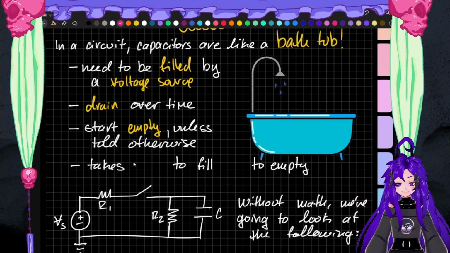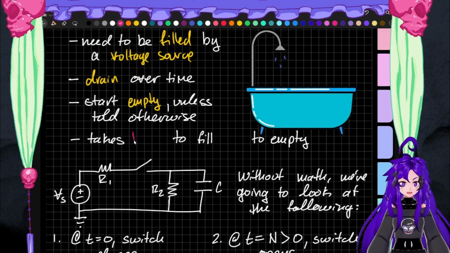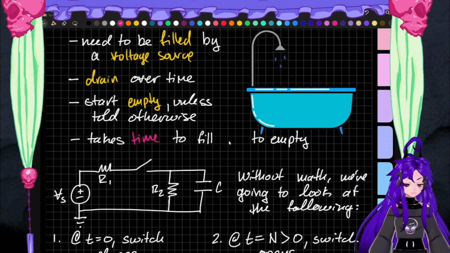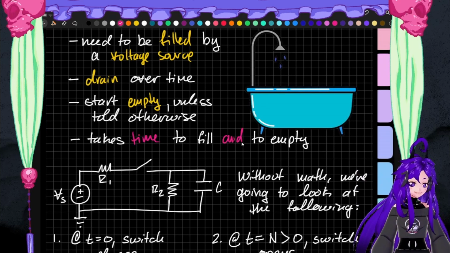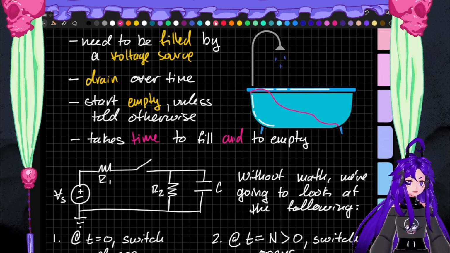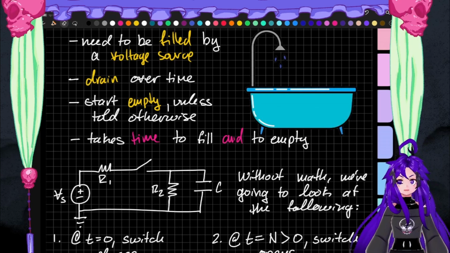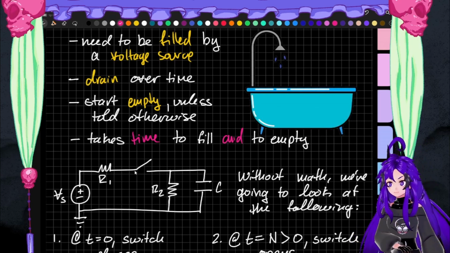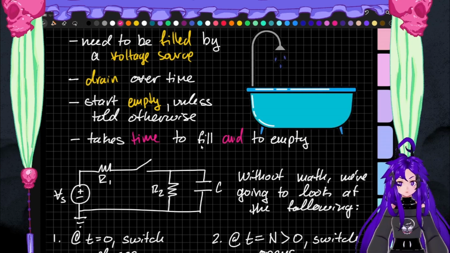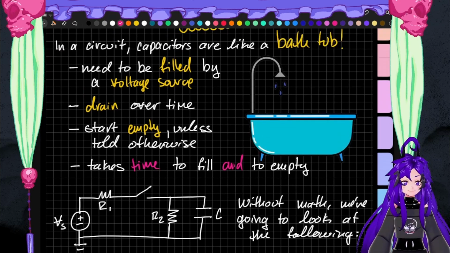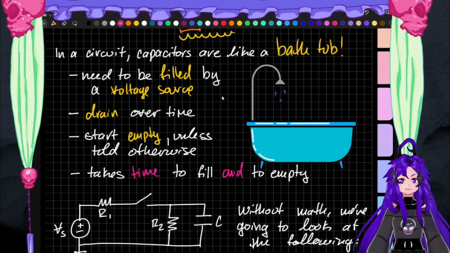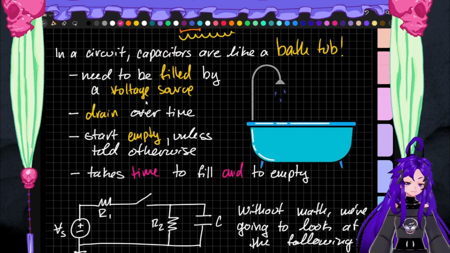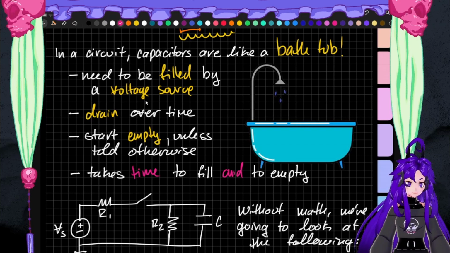Same thing. It also takes time to fill and to empty, right? You know that you have to wait to pour the bath. You have to wait to empty the bathtub. Generally, you don't have to sit over it and wait. Generally, the bathtub will empty on its own once you leave it. But anyway, all of these things we have to take into account when we think about analyzing capacitors in circuits.